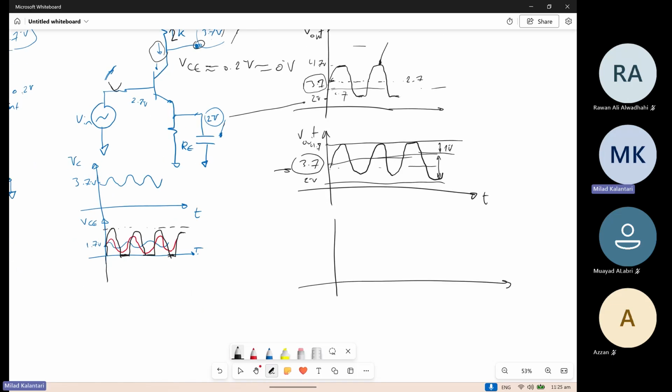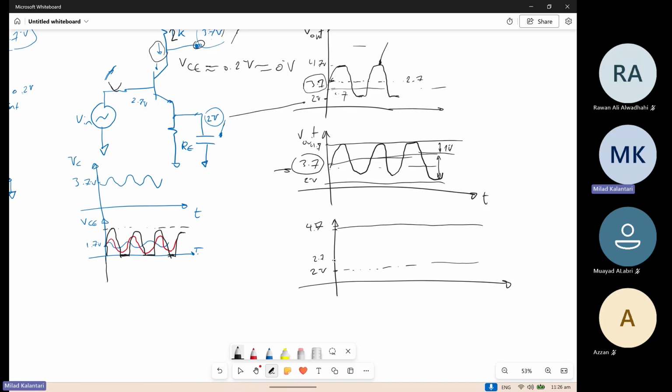So if I increase this RC value to 2 kilo ohm, right? Basically, the clip from the emitter is not changed, it is already 2 volt. From the top also it is not changed, also 4.7 volt, right? But the DC that I biased is around 2.7 volt.